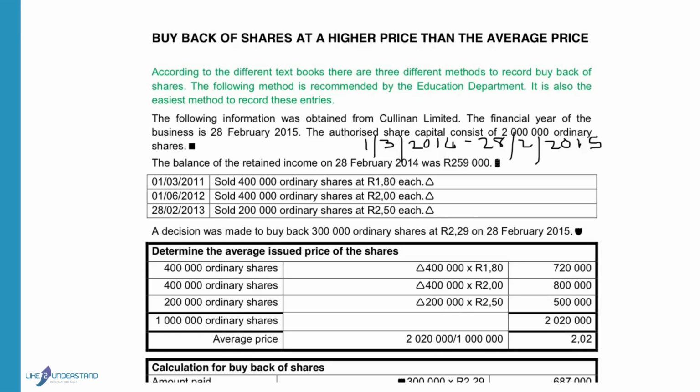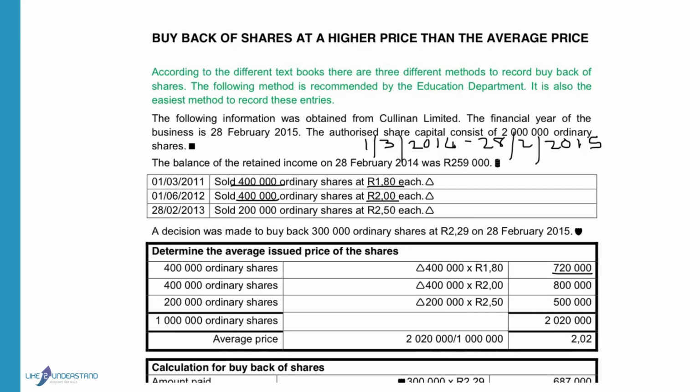On the 1st of March 2011, 400,000 ordinary shares were sold at R1.80. So if I say 400,000 times R1.80, it gives me 720,000 that was received as capital. Then on 1 June 2012, another 400,000 shares were sold at R2 each.